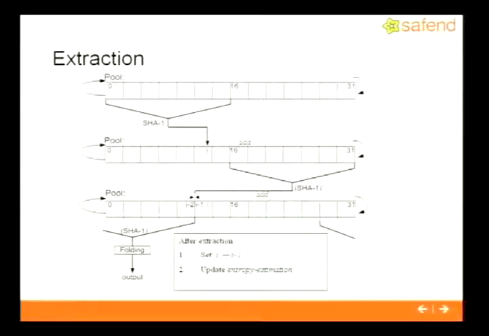So they take the 20 bytes and they fold it. They take 10 and 10 and XOR them into the result. And that's the output. So a very, very complex structure for the extraction of output from the pool.